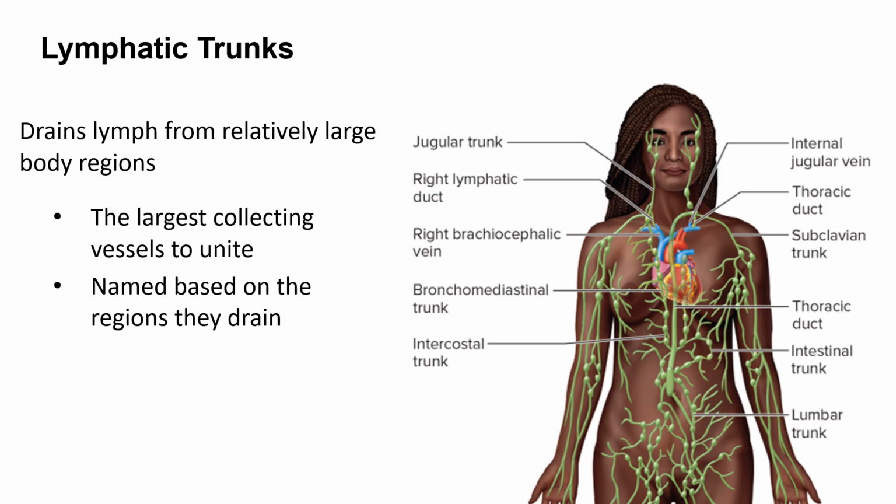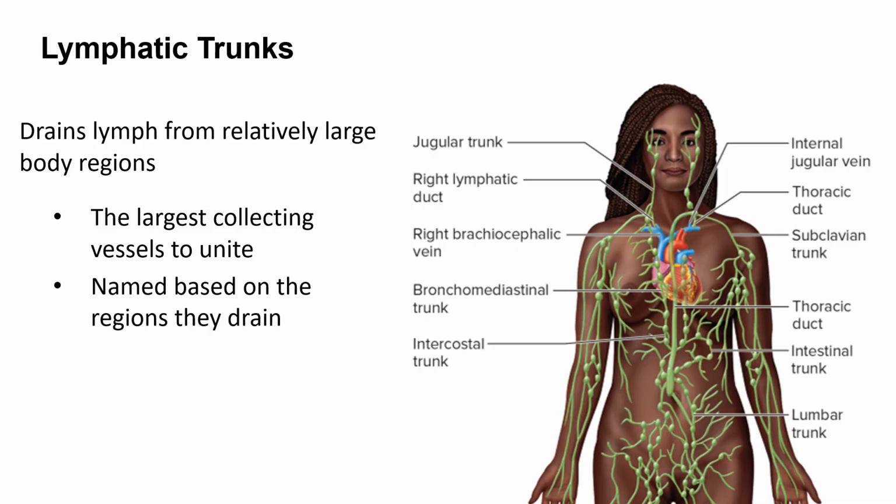All right, so lymphatic trunks, they are going to be the structures that drain lymph from our relatively large body regions. Okay, so we've started talking about our smallest lymphatic vessels in terms of the lymphatic capillaries, and we're just kind of moving through the lymphatic system and the structures that it's going to pass through. Okay, and we're moving through a larger structure.